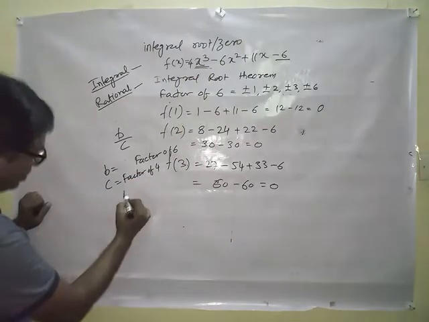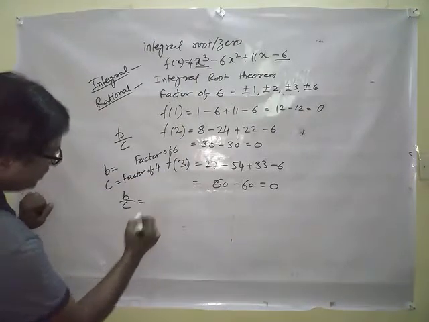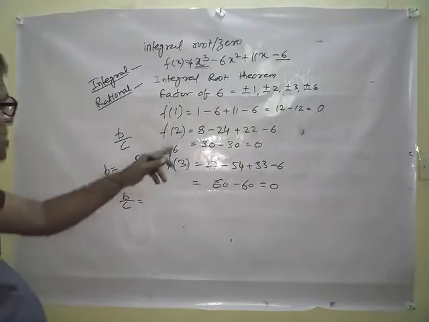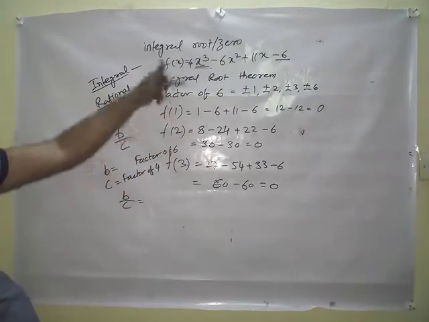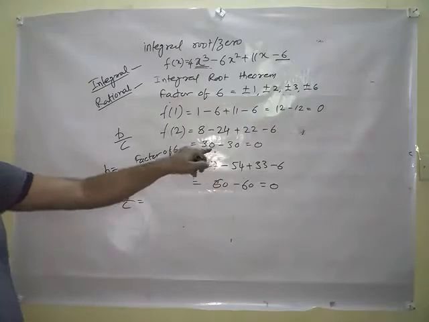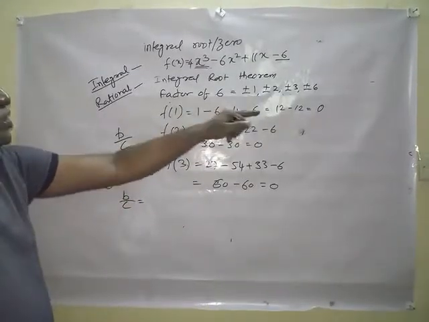Then with these two sets of factors, you will find the values of b and c, and keep on doing this trial and error to find out for which value you are getting 0.